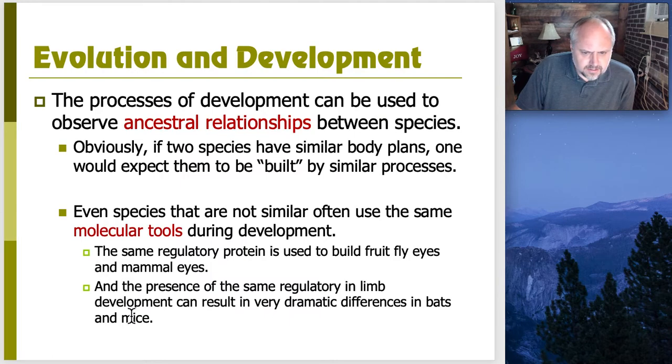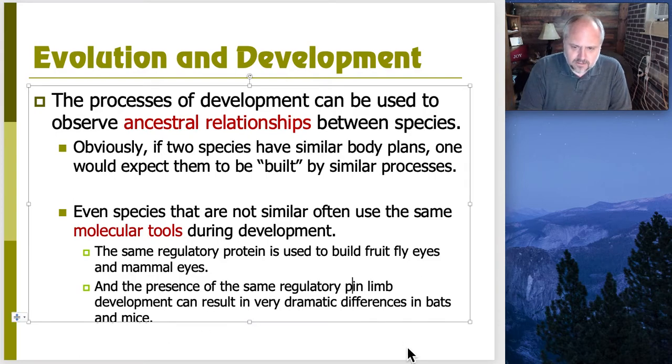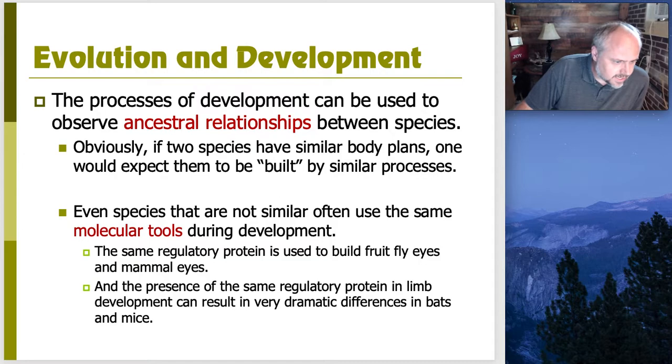The second example I had here was the presence of the same regulatory protein in limbs, which is actually going to result in very dramatic differences in two different species, like bats and mice. So let's look at that example here.